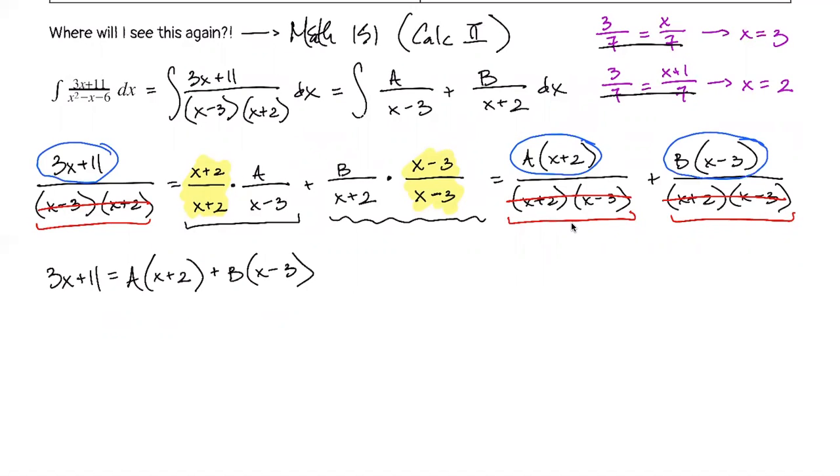So let's go. 3x plus 11 equals Ax plus 2A plus Bx minus 3B. Now, we just spent the last week talking about systems of equations.